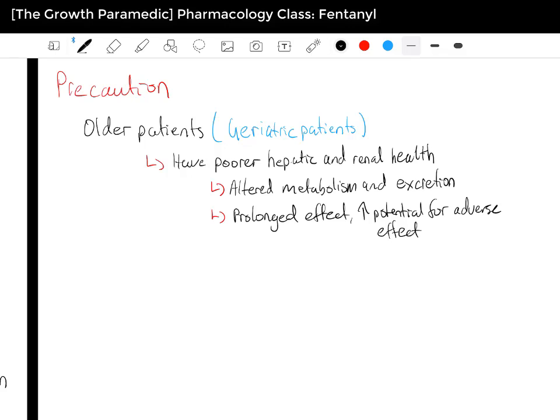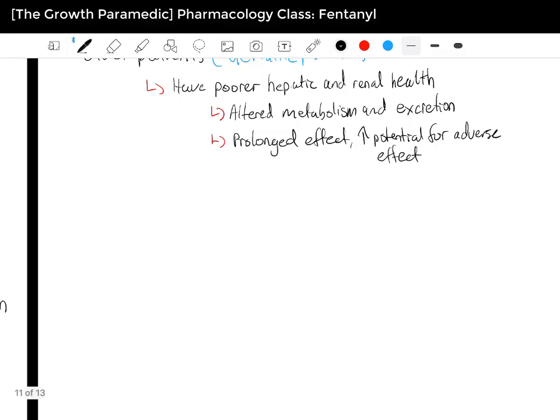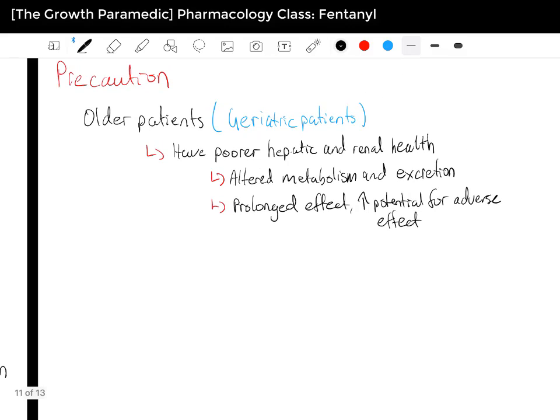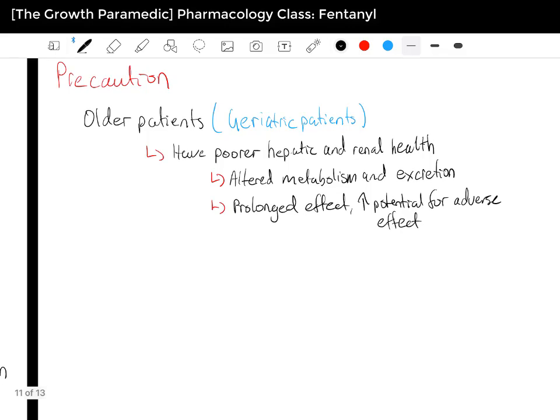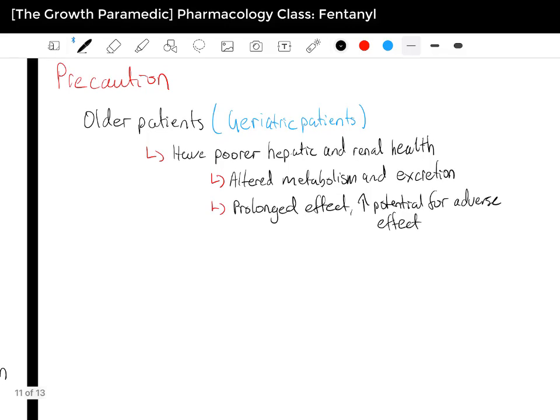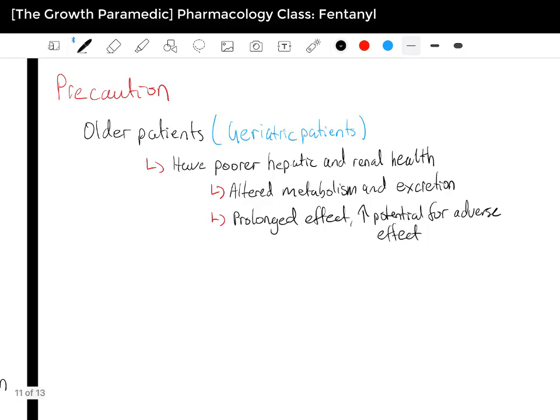We'll go through that, but we'll cover something else before then. As we know, administration of morphine can cause vasodilation, so a drop in blood pressure if administered in a large amount. But fentanyl can also cause hypertension. So hypertension is a precaution to be aware of.